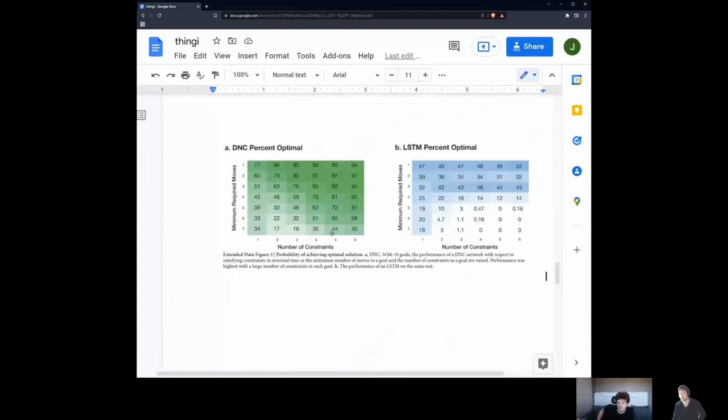I'm a bit confused. So you're still talking about the same thing, that the more constraints you have, then it should make it better, and in the DNC case, it does mostly make it better. Yes, you can also see in some cases it doesn't, but I would say that's also weird. So yeah, it's interesting. If you have one constraint, it's coming not too bad.